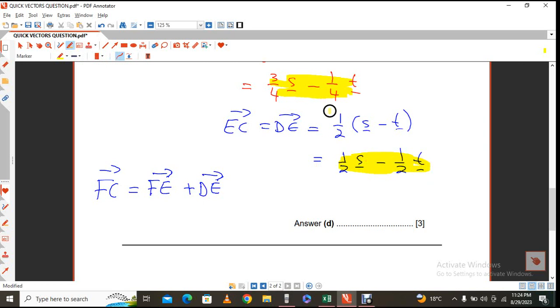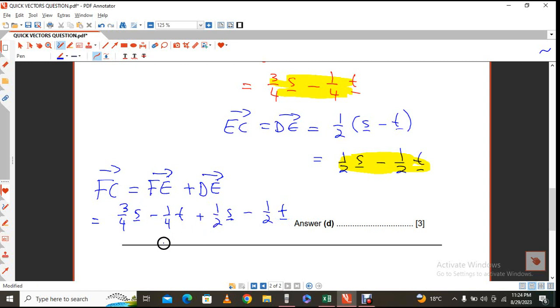So I'm going to add these two that are highlighted. That means 3/4 of S minus 1/4 of T, you're going to add a half of S minus a half of T. You can basically remove the brackets because there's no need for them, we're not subtracting. Just make sure you get that.